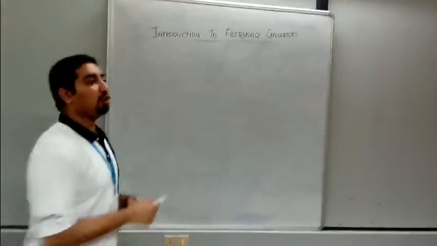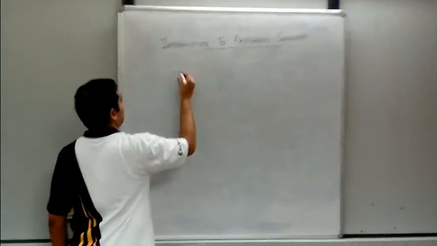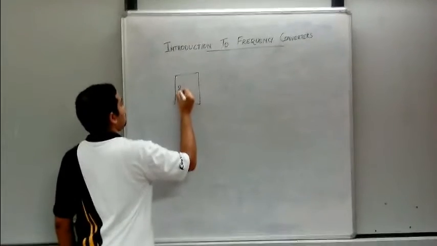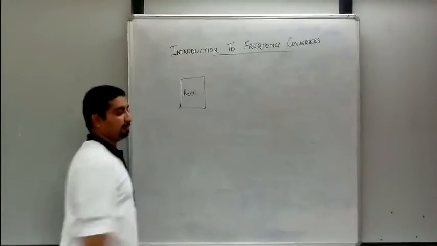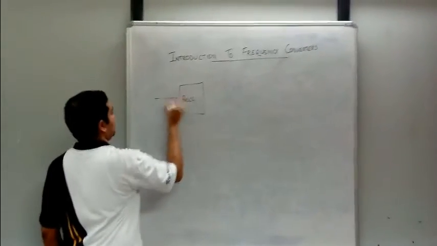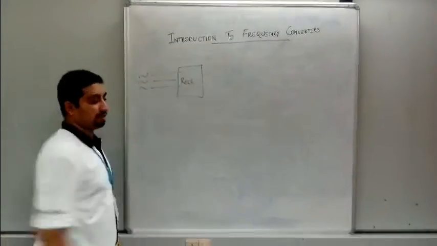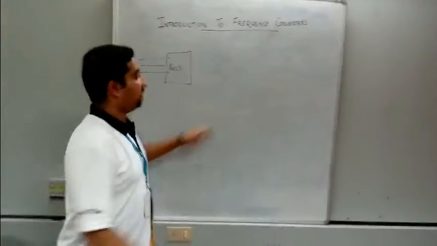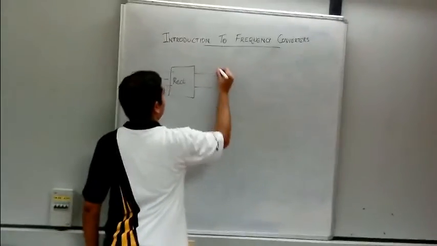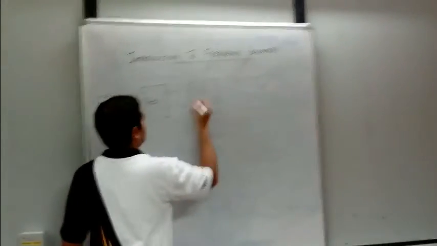Now there are four main components in a frequency converter module. We have a rectifier, and the rectifier is fed from AC. The output of the rectifier will be pulsating DC, that is given to an intermediate circuit.